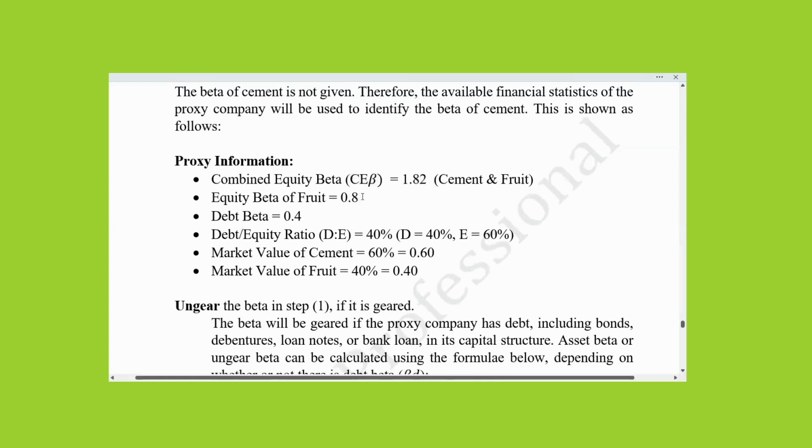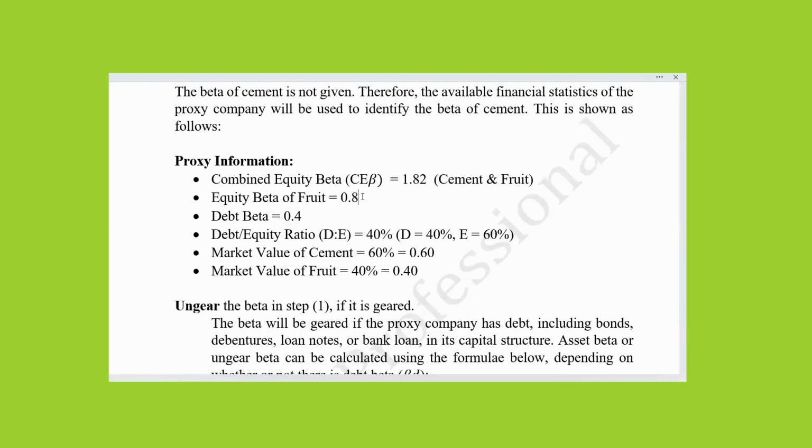You have three variables. Number one is combined beta. The second one is the beta of cement. The third one is beta of fruit drinks. You are given beta of fruit drinks and the combined beta, but not beta of cement. Out of three variables, you are only given two.